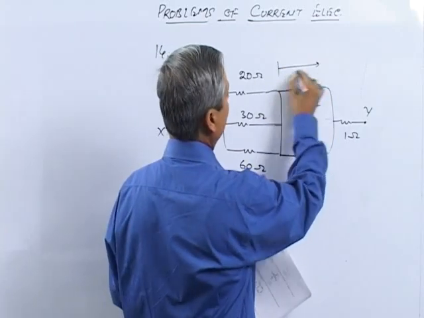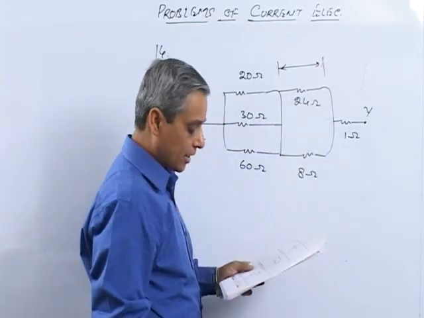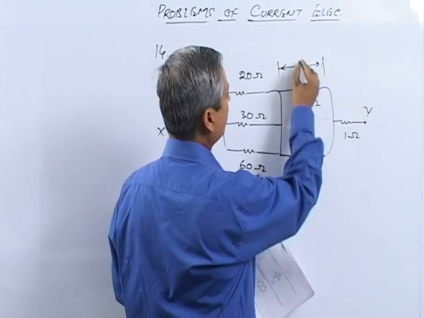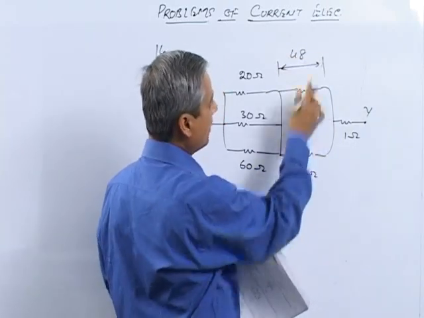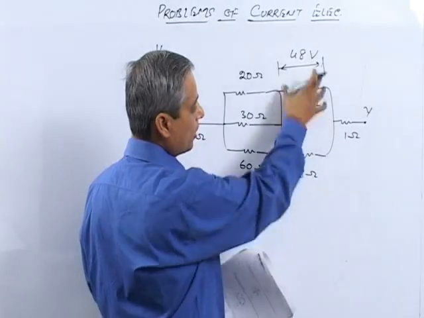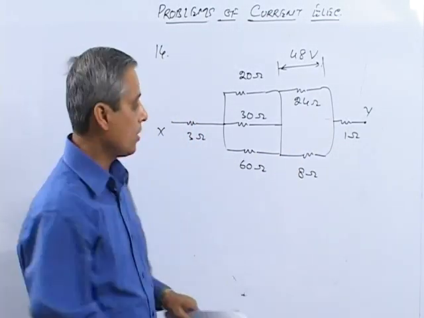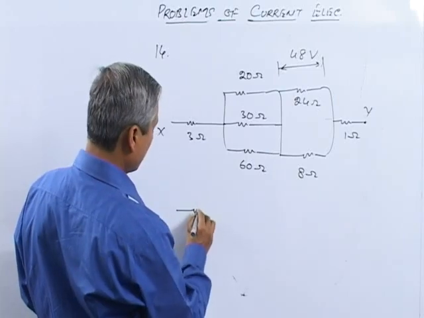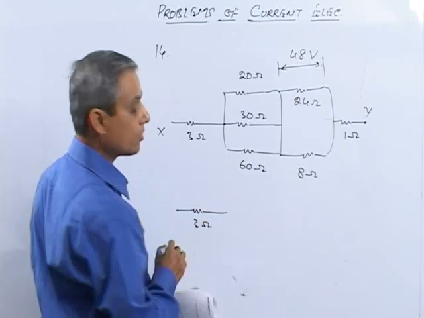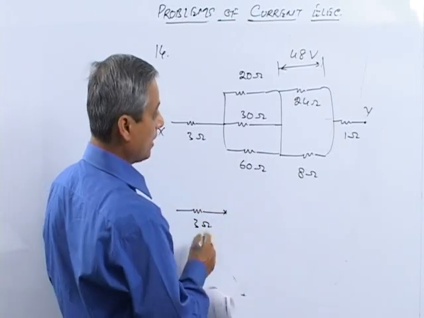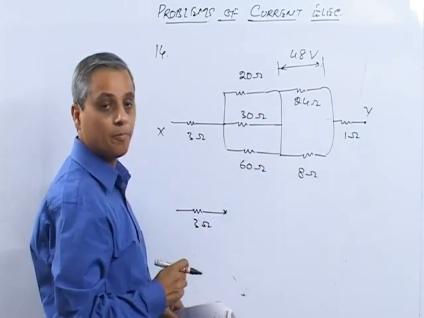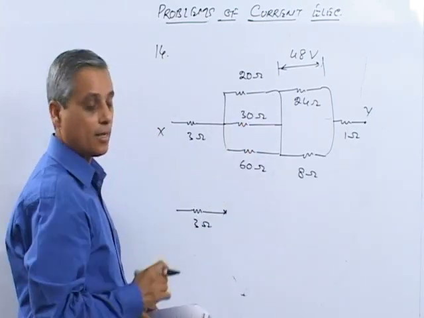They give the potential difference across 24 ohm to be 48 volt, which is basically the potential difference across the parallel combination of 24 and 8 ohm. So let us first convert this circuit to single resistances in series. These three are in parallel, 20, 30 and 60.